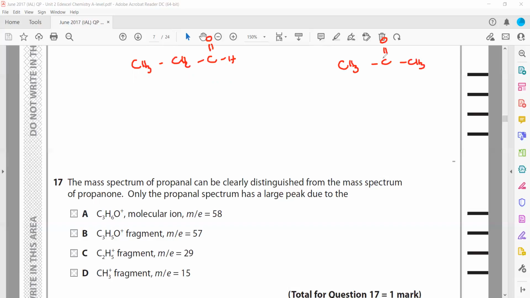When we break from left to right, we might have a peak at 15. Then we might have a peak at CH3CH2, so 15 plus 14, that is 29. So we might get a peak at 29. And then we'll get the molecular ion peak.